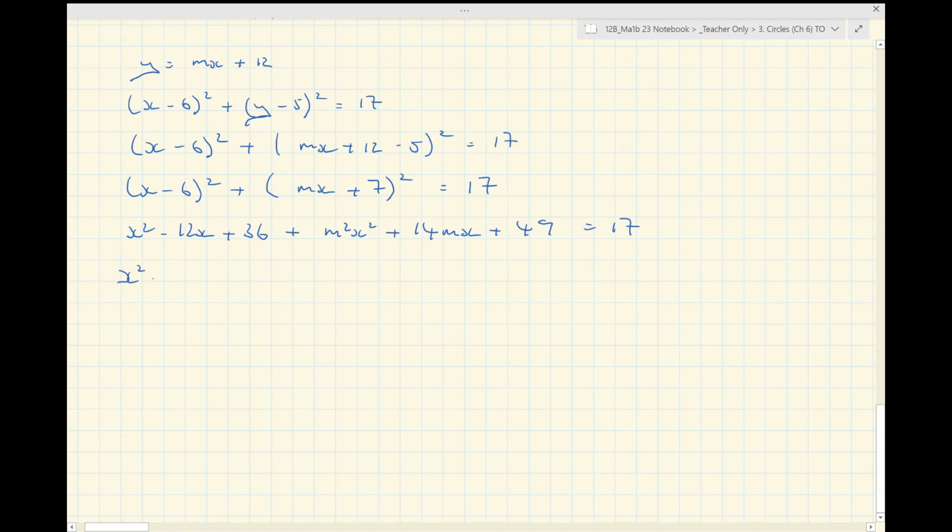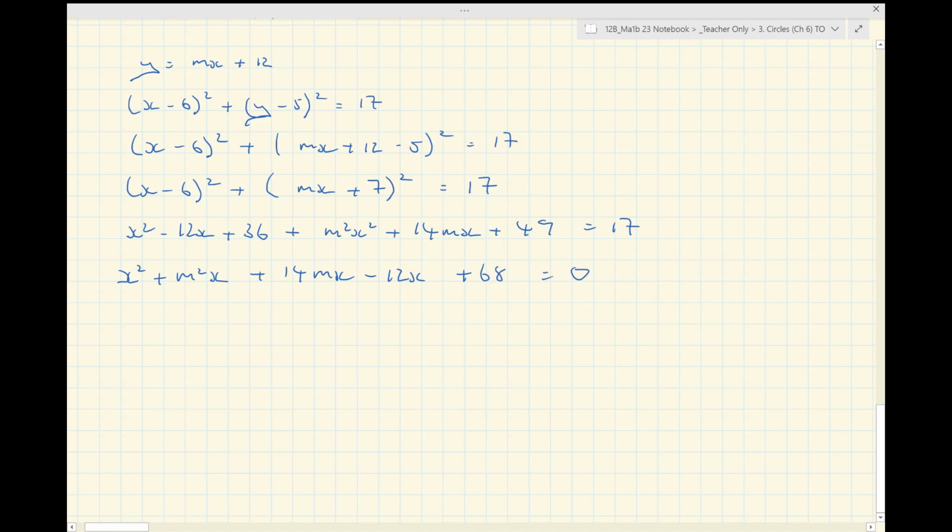So I've got x squared plus m squared x squared. Let's put the x terms next to each other. I've got plus 14mx and minus 12x. And let's sort out those numbers, 36 and 49. 36 plus 49 gives me 85. Now minus 17 from both sides gives me plus 68 equals 0.